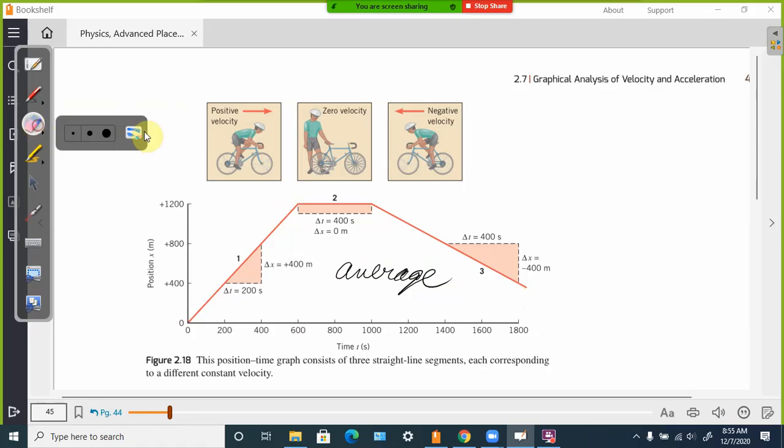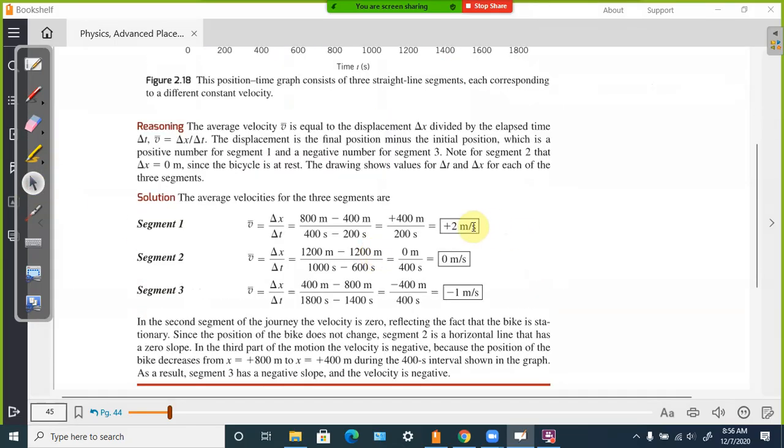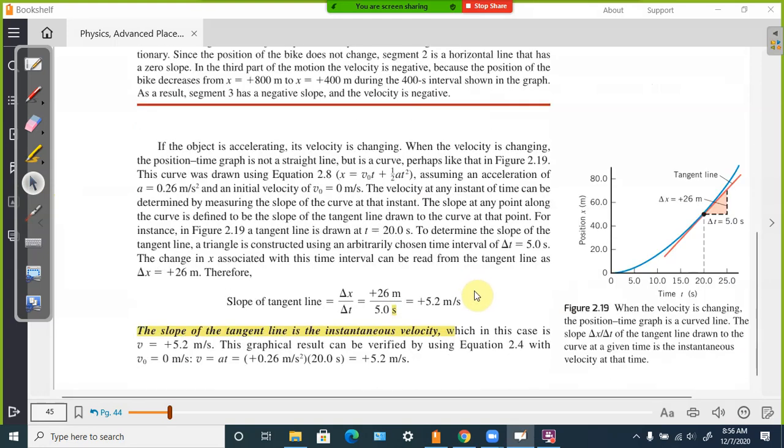So this would be more of an average, whereby if we were to look at this one down here, these are just giving you what I already said, the 2 meters per second, 0 meters per second, negative 1 meters per second. If I was to find instantaneous velocity, I would want to be looking at a much, much smaller time period. So you let your time period get very, very small, and that's how you're going to find instantaneous, okay?